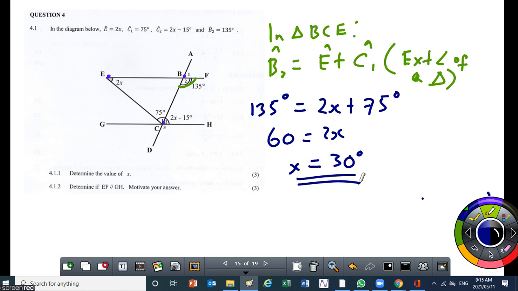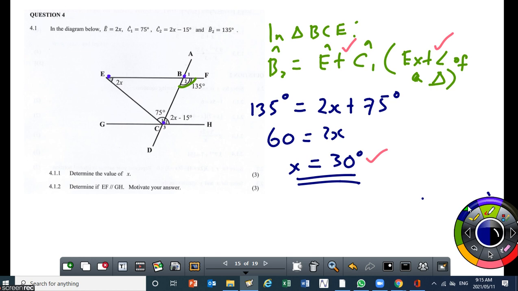Okay, so mark your work there, right? And the way that you mark your work is to do it this way. Give 1 mark for the reason, this reason 1 mark, and that statement 1 mark, and the answer 1 mark.